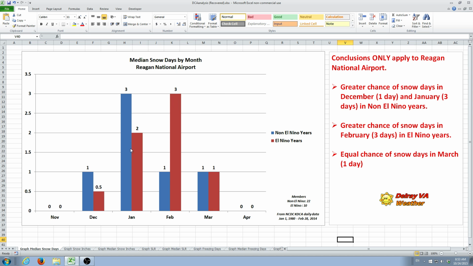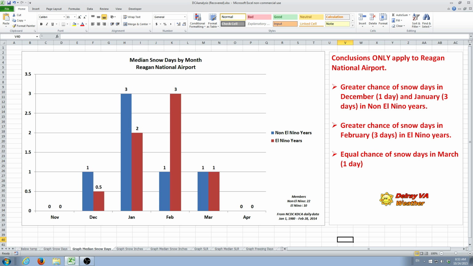So what this is showing, my personal opinion, is that in El Nino years, the severest part of the winter is shifted back towards February, rather than having the severest part of the winter in January as in non-El Nino years.